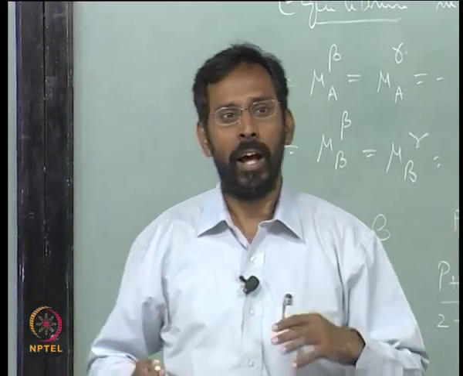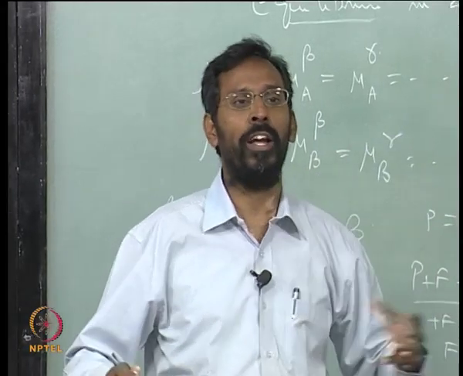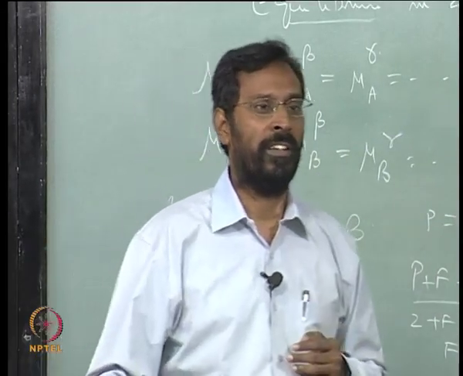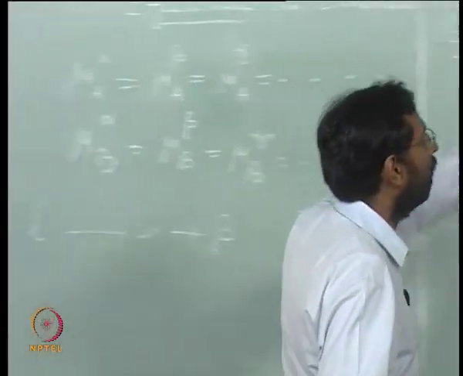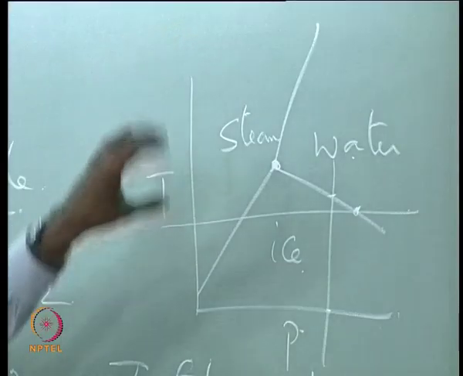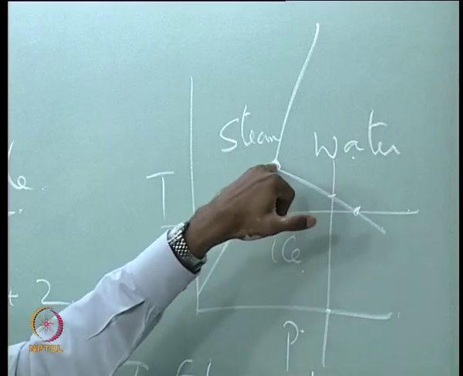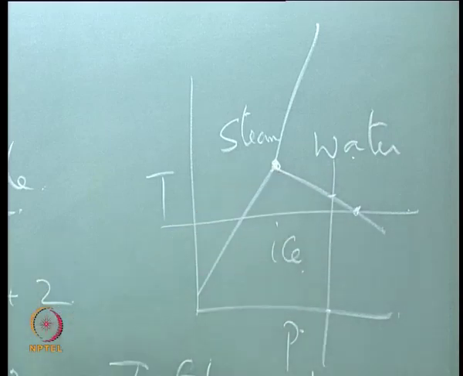You cannot make all three phases coexist at any temperature and pressure of your choice; no, that is fixed by thermodynamics. They can be together only at a fixed point. And this is what you see in all the phase diagrams.